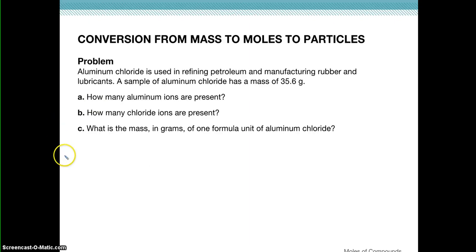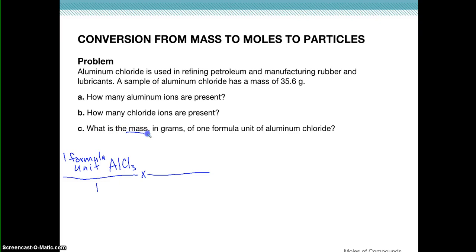So we're going to start with 1 formula unit of AlCl3. Okay, now we're basically over on the particle side of our flow chart. From the particles, we can get to the moles, and from the moles, we can get to the grams, and that's what we're trying to find.